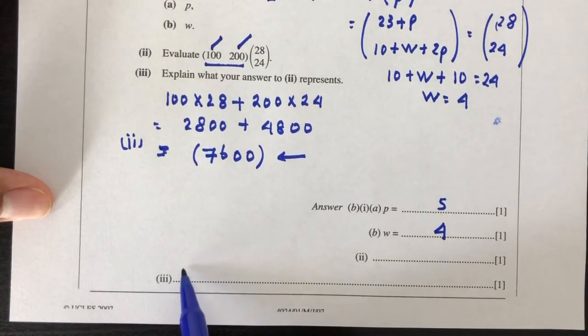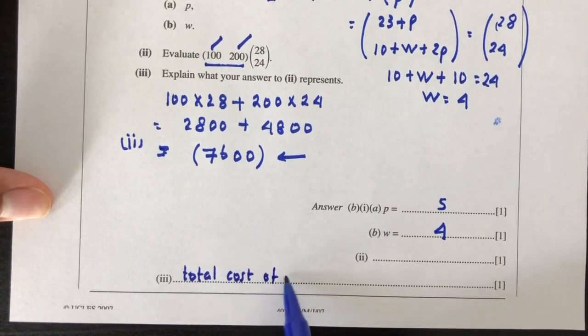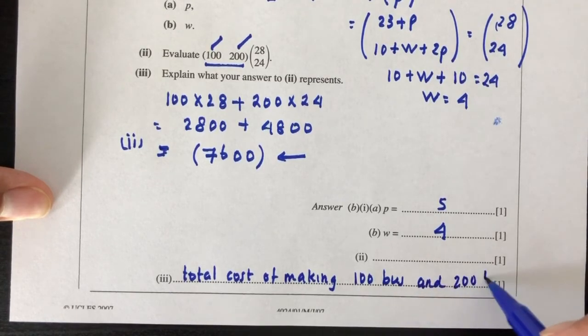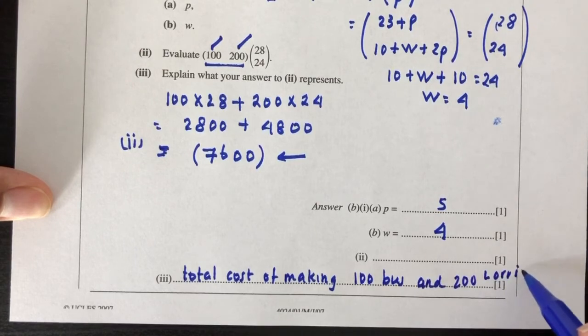So it will be the total cost of making 100 buses and 200 lorries. That will be the answer for part 3.